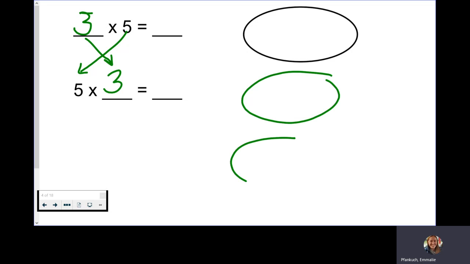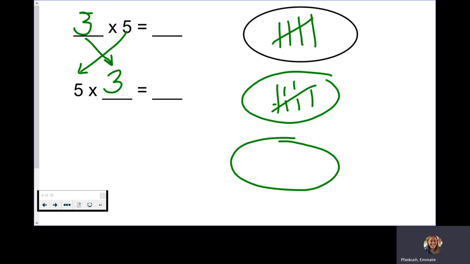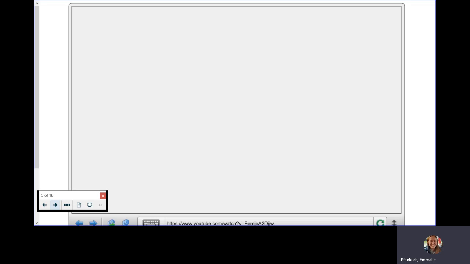And in each group, I'm going to put 5. Now, instead of counting all of them, I'm just going to be able to count by 5s. 5, 10, 15. 3 times 5 is 15. And 5 times 3 is also 15, because we can reverse those.